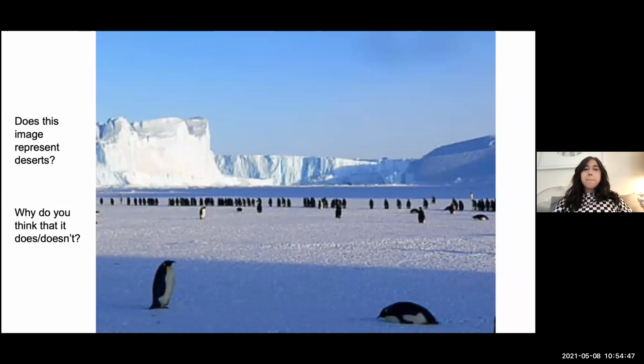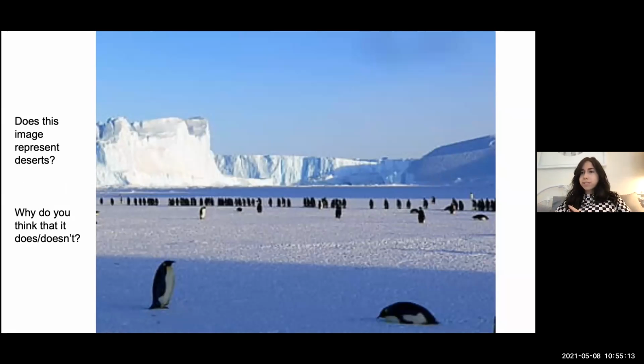This next image, does this image represent deserts, right? And the interesting thing was every student in my classroom that's in the GATE program, they're all like, well, yeah, miss, this is a desert. Our GATE teacher told us that. But my students that are not in GATE, or like I have one that reads at a kindergarten level, he said, miss, that's not a desert.